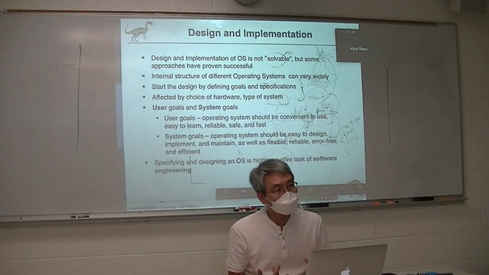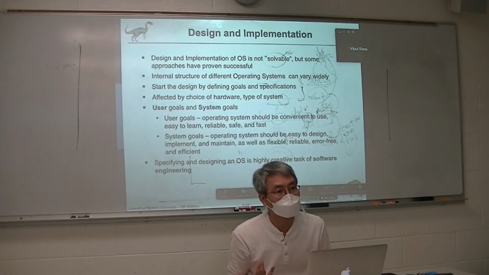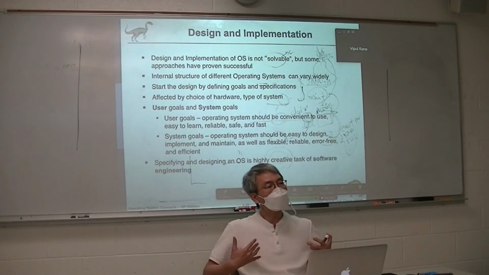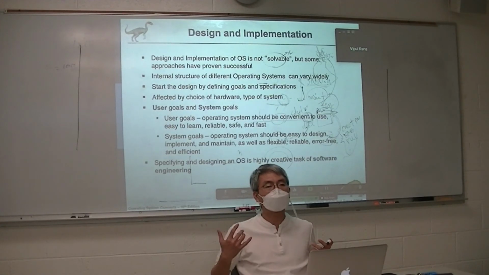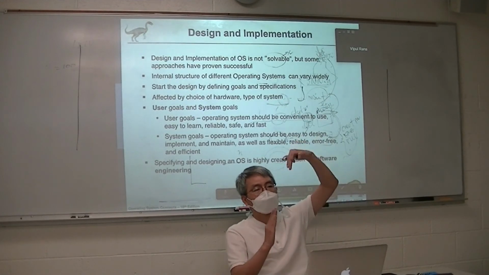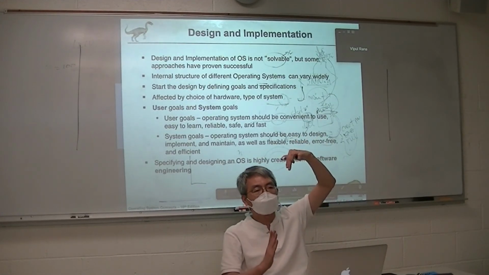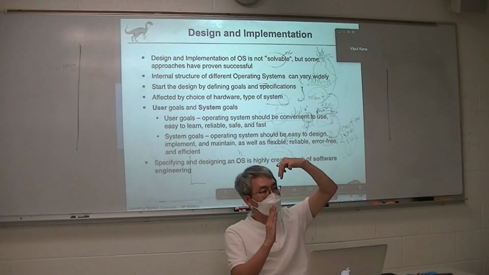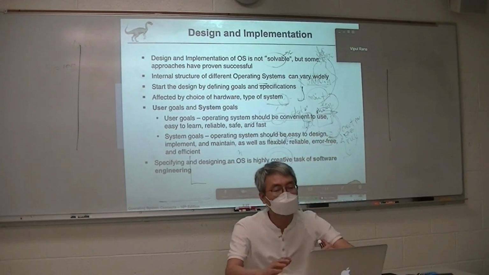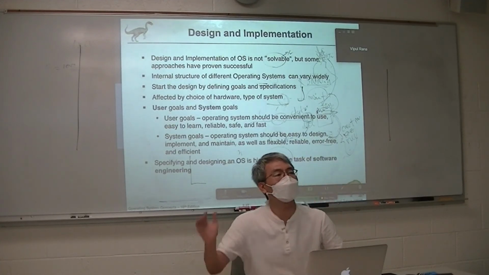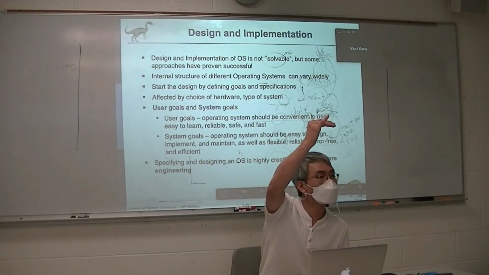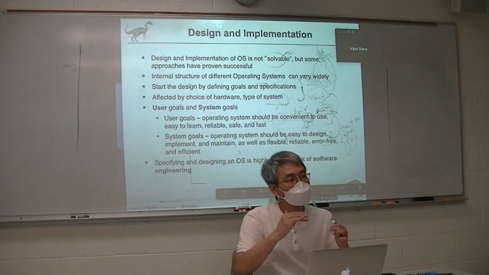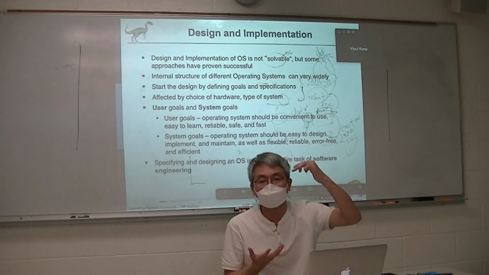However, eventually the operating system will take care of what? Hardware resources. So from the computer's point of view, what is the most important thing? Utilization and performance and such things. So there is always a conflict between the user perspective and the computer perspective. You need to address this when you design the operating system. That is the difference: an application program is mostly, not only, mostly for the user side. But for the operating system itself, you need to consider both of them.